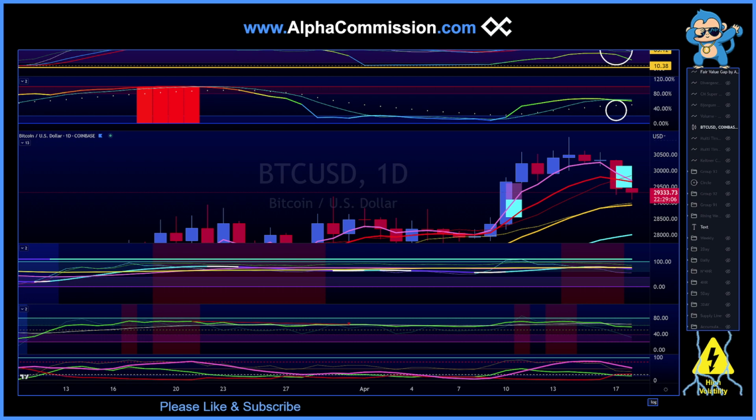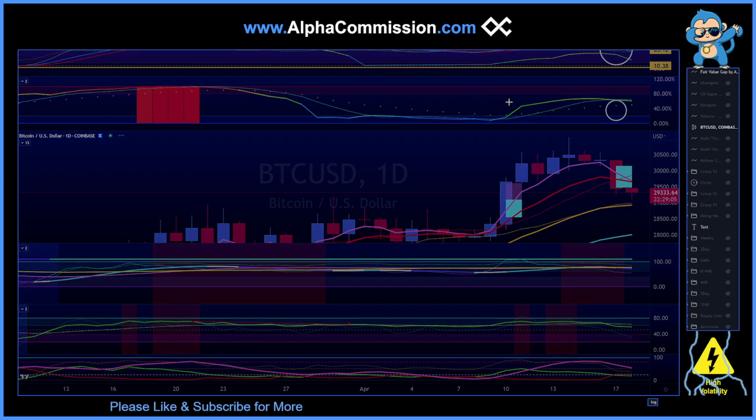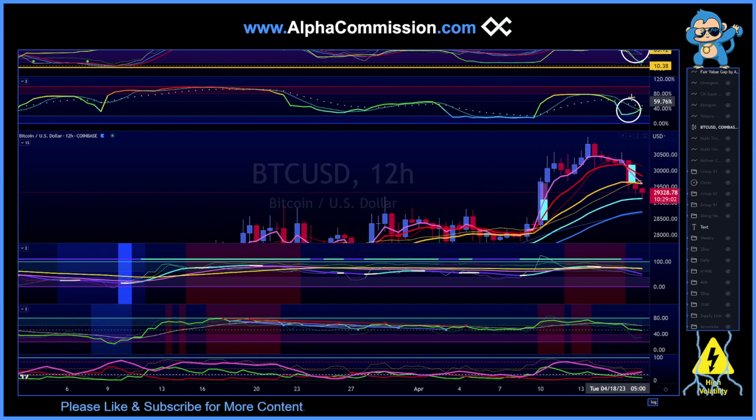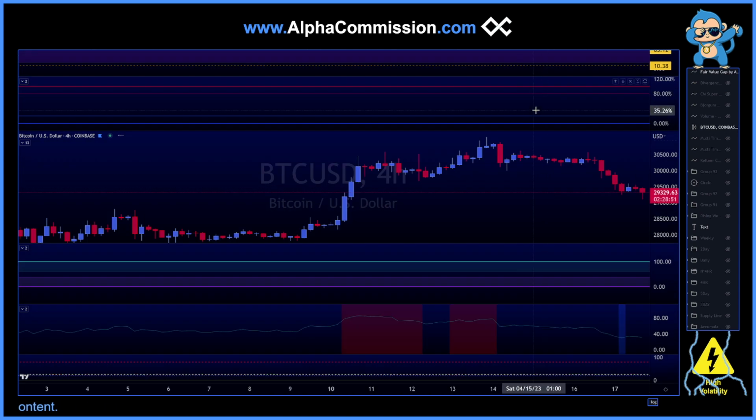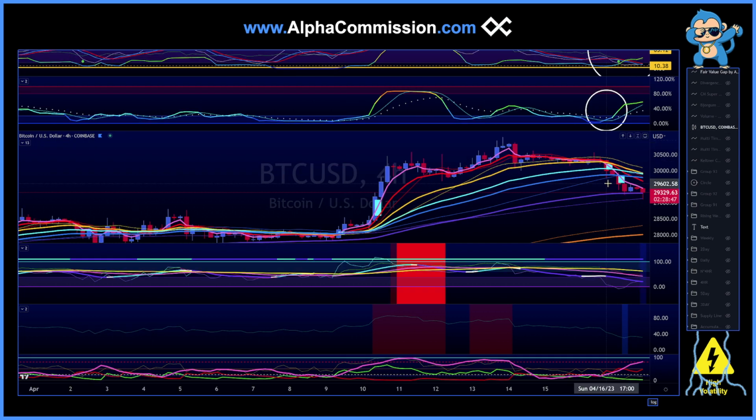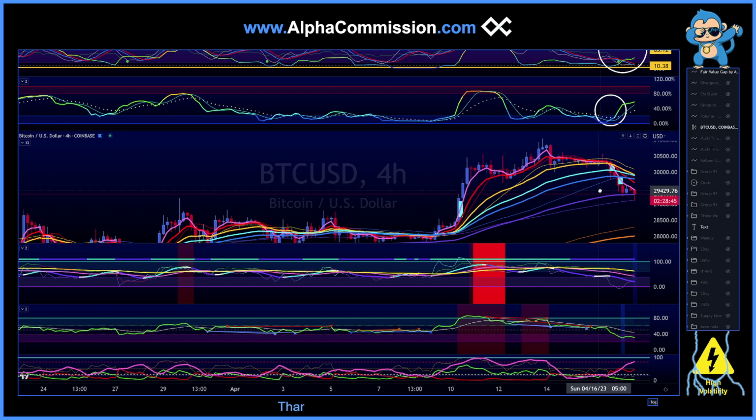Let's look at the 12-hour. The 12-hour is suggesting that this drop is over and that it might be looking for a little bit of sideways or up. How about the 4-hour? The 4-hour, it's not quite done yet.